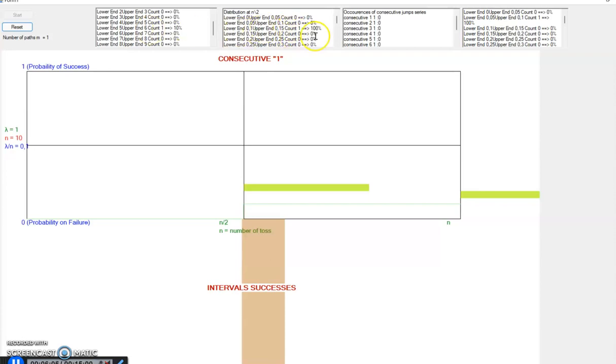In fact, here we can see that the distribution is, in this case, between 0.1 and 0.55, and with the execution of the code, the distribution is practically the same.